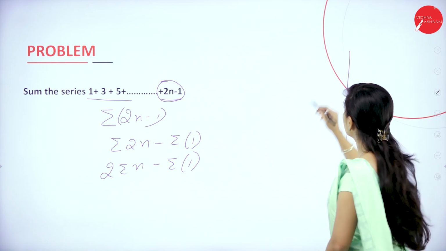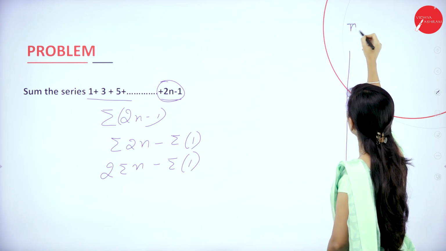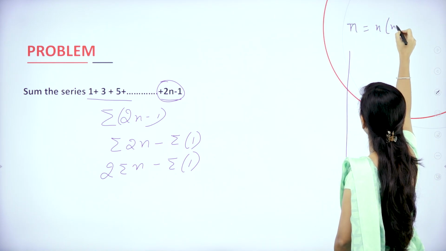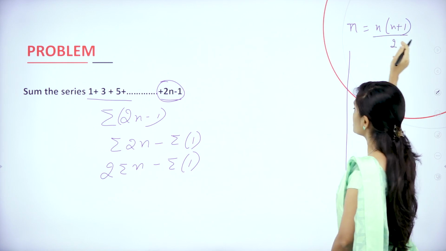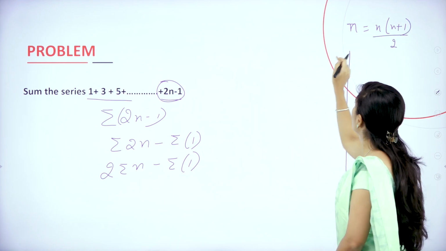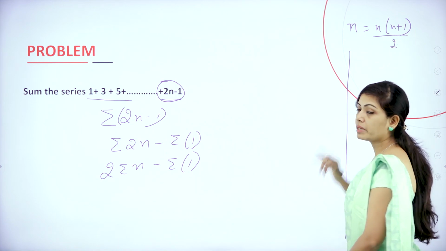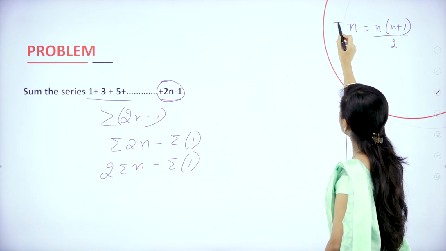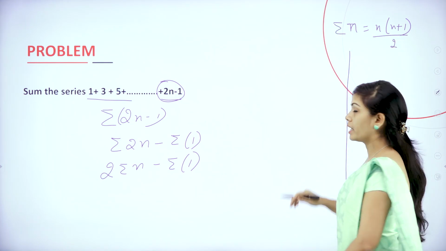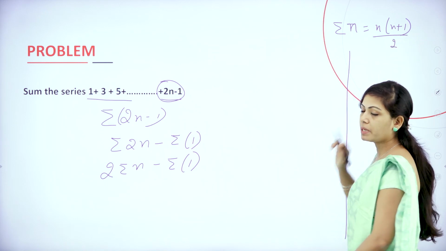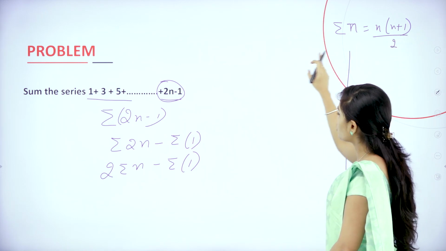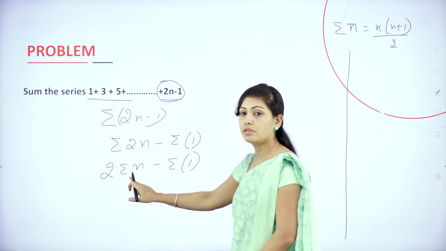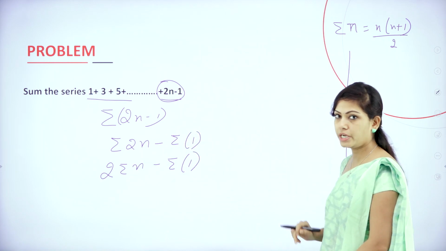So do you remember sigma n equals n into n plus 1 by 2? We have proved this by mathematical induction, right? So sigma n is equal to n into n plus 1 by 2. So in place of sigma n, I can write n into n plus 1 by 2.